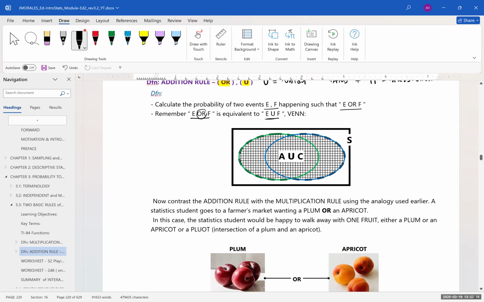So if this green oval here represents event A, and this blue oval here represents event C, then the union of A and C is everything in both, just like that.